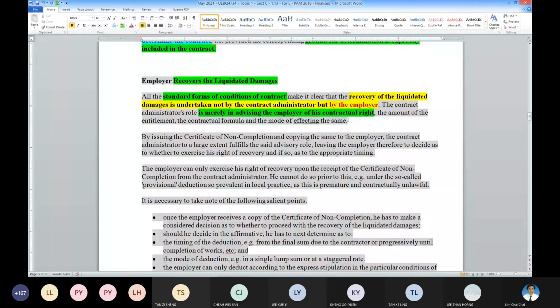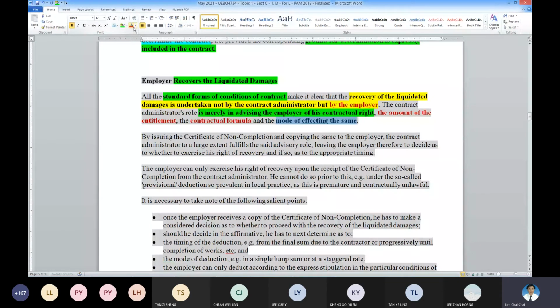The amount, the formula, and also the mode of effecting the same, how to take it out. So in our PAM, it is not reflected in the certificate.